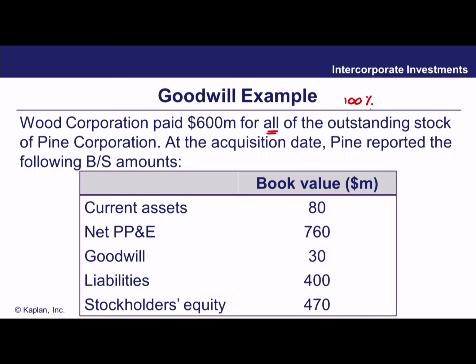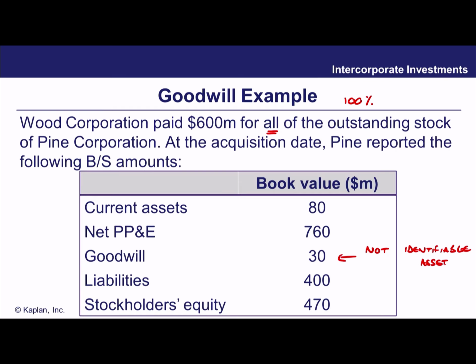Now be aware that goodwill is not an identifiable asset. And remember, you learnt this at level 1. We talked about identifiable assets and unidentifiable assets, and goodwill was an unidentifiable asset because it couldn't be separately detached from the company and sold.